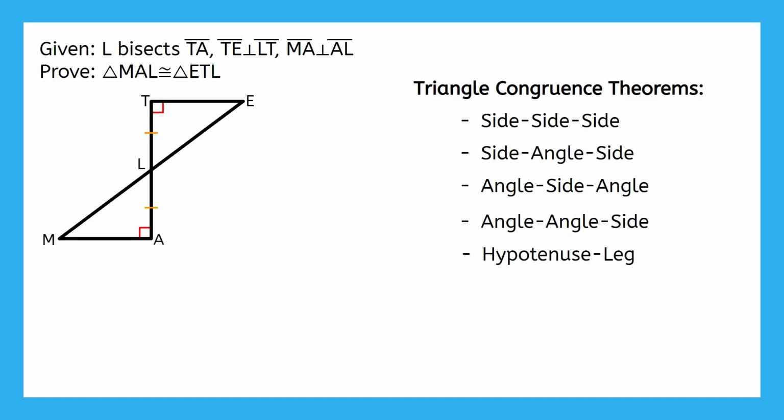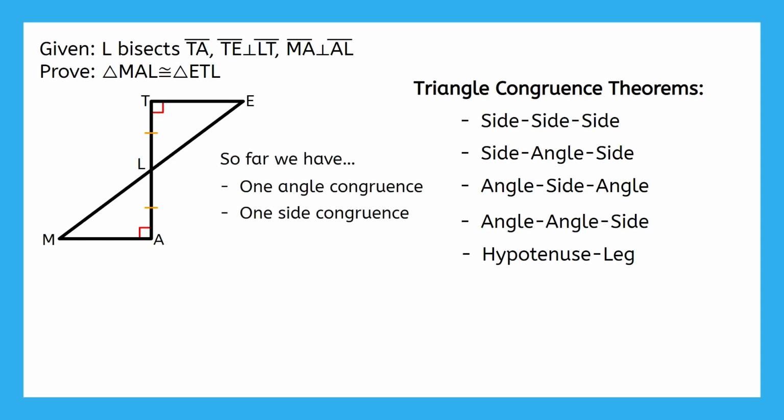That's it. All of the triangle congruence theorems require 3 congruences. How many congruences do I have so far just for my given information? I have one side and one angle, so I need one more congruence.